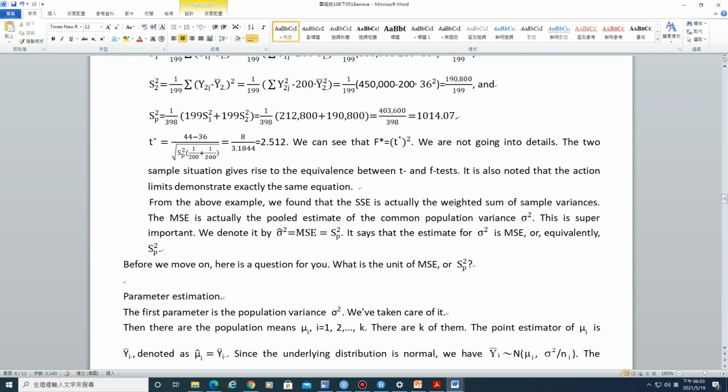There are k means, mu 1, mu 2, up to mu k, and there is sigma squared, and nothing else. We have put sigma squared aside because we have established the estimation of sigma squared and simply use MSE.